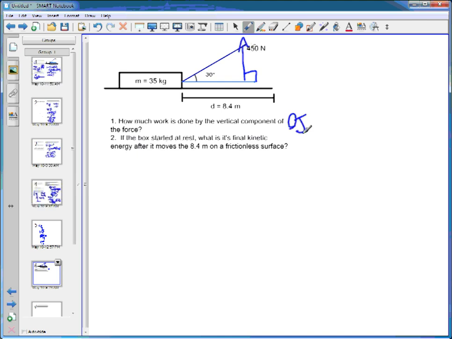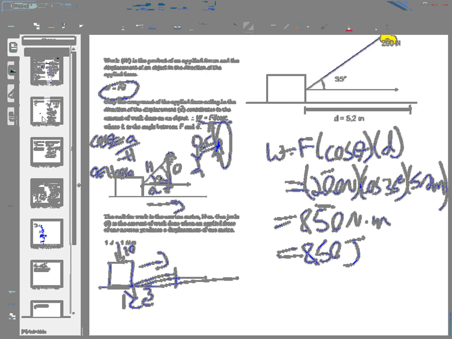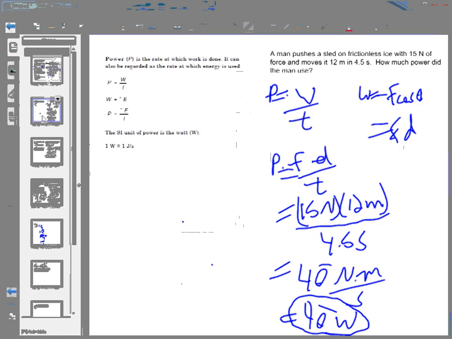Second question, if the box started at rest, what is its final kinetic energy after it moves the 8.4 meters on a frictionless surface? Well, we know that work is equal to the amount of energy used, or the amount of energy changed.